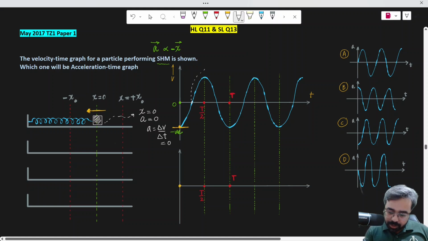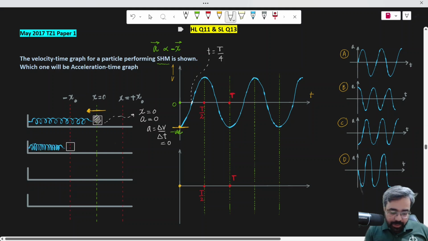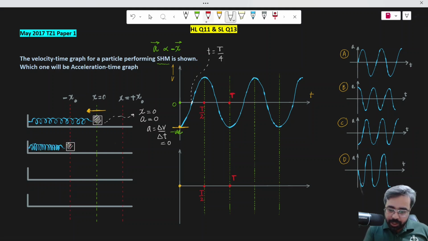At this point, dear students, the instantaneous time is T by 4, right? Since the object is moving leftward, in that quarter time this object should be exactly at the extreme position. Don't you think this is the negative extreme position, where the displacement is maximum negative?